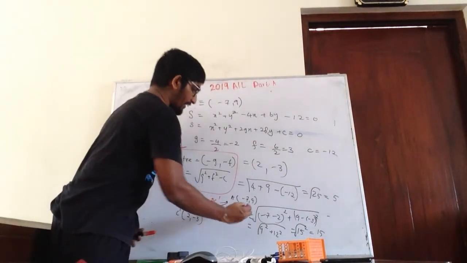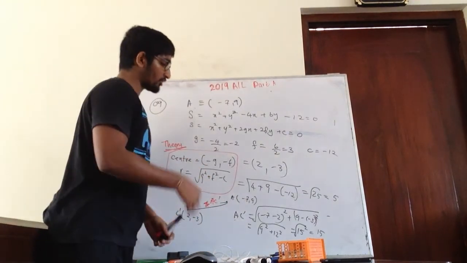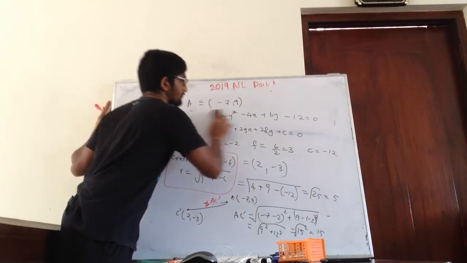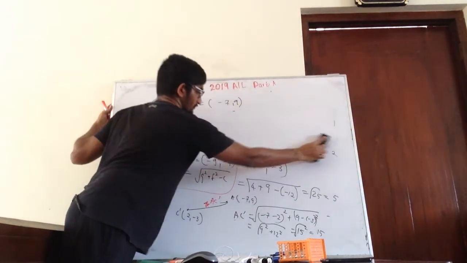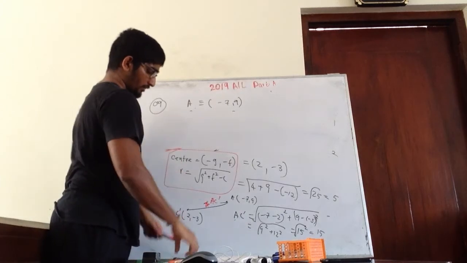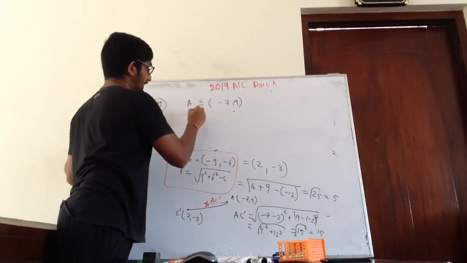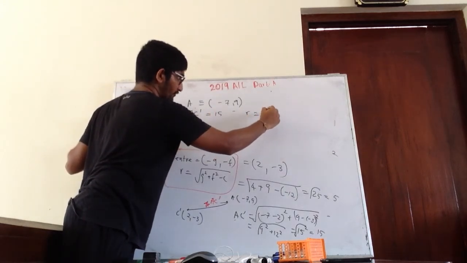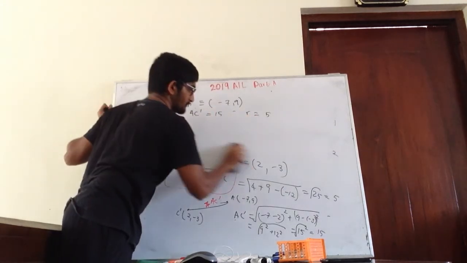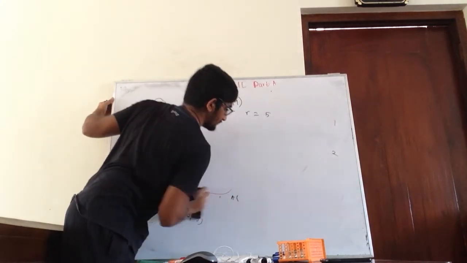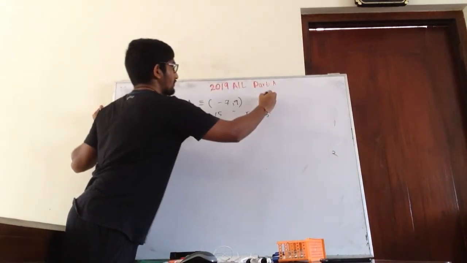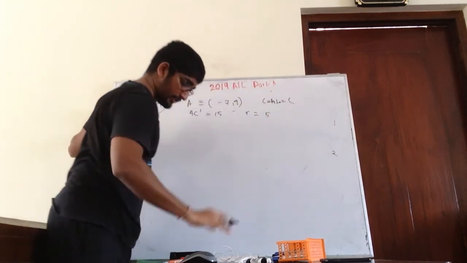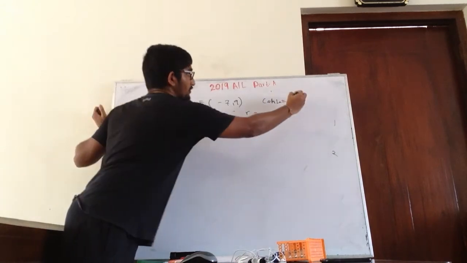So here this is AC dash. Right? So now we need to compare AC dash with R. So now AC dash, which is 15, and R is 5. So the center is 2, minus 3.